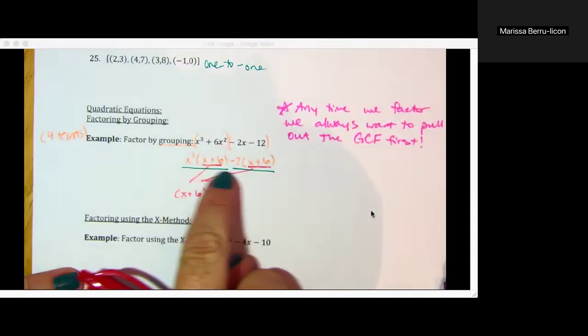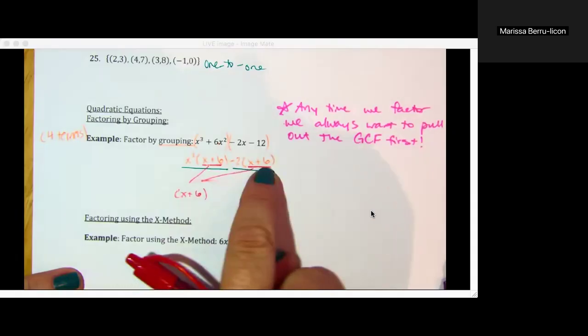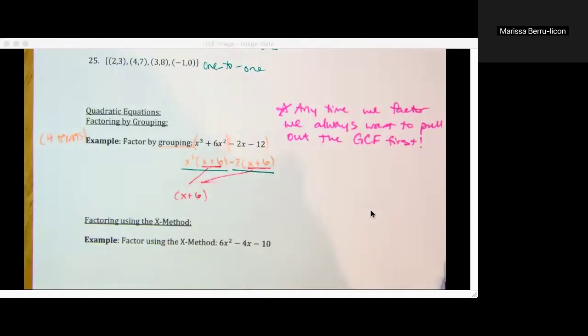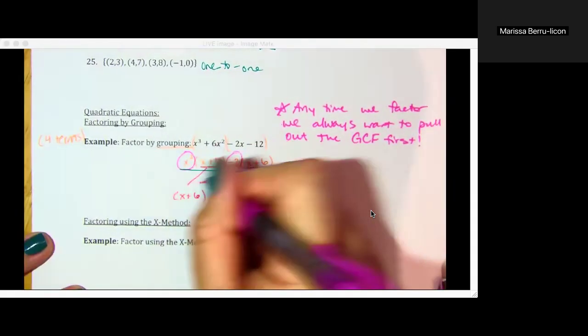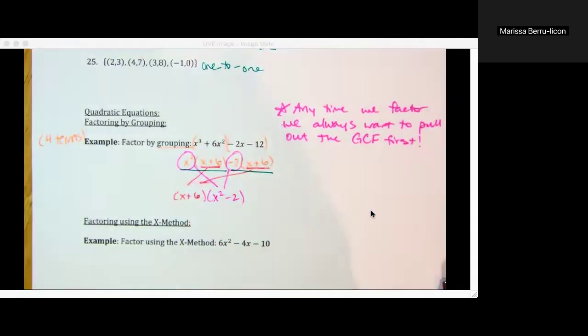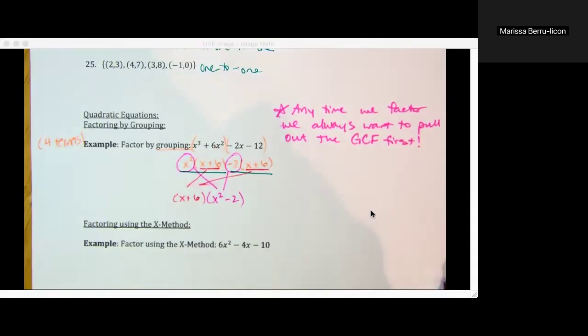This whole term here and this whole term here have a common factor of x plus 6, so I pulled it out. And what's left is this x squared minus 2. And that's what's left there. So that is factoring by grouping.